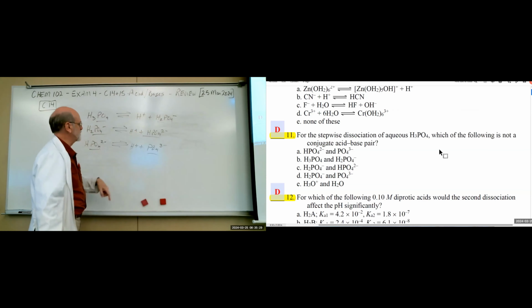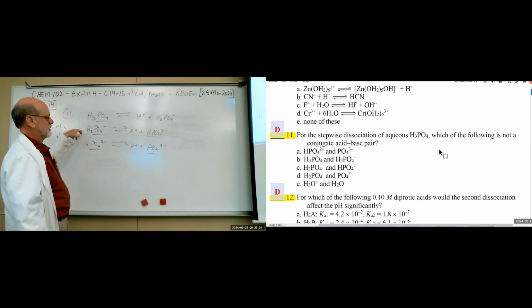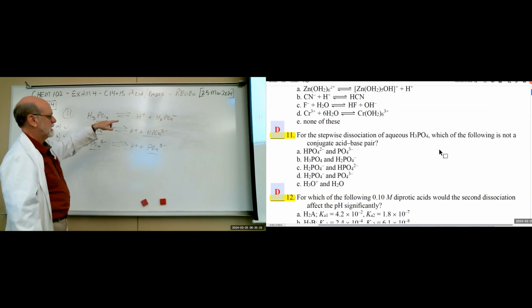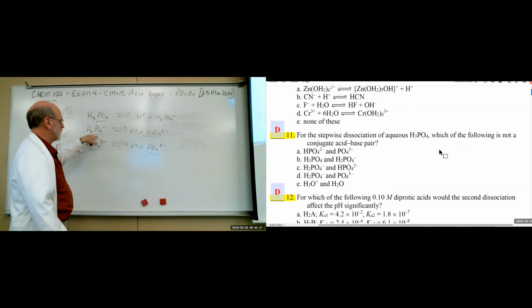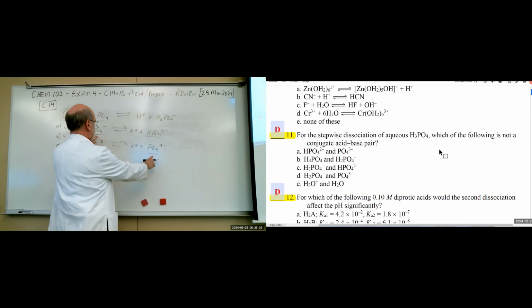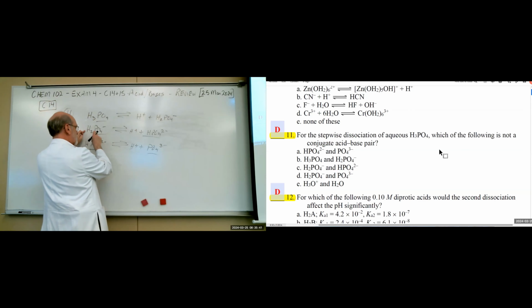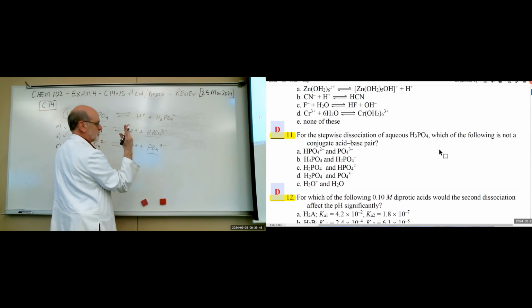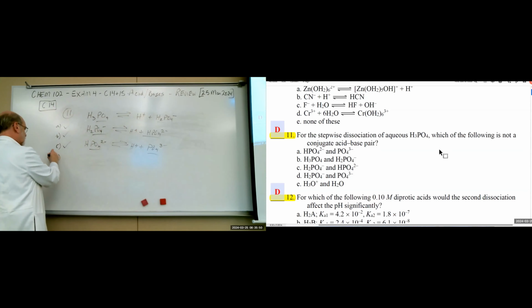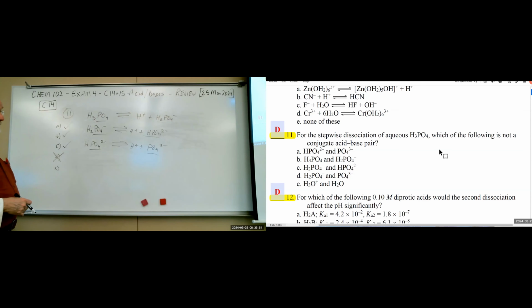H2PO4 minus and PO4 3 minus. Those are not acid-base pairs, right? Wait a minute. The conjugate base of this one is that, not this. Because to go from here to here, you have to lose 2 protons, right? So this one is false. And we found the one that's wrong.